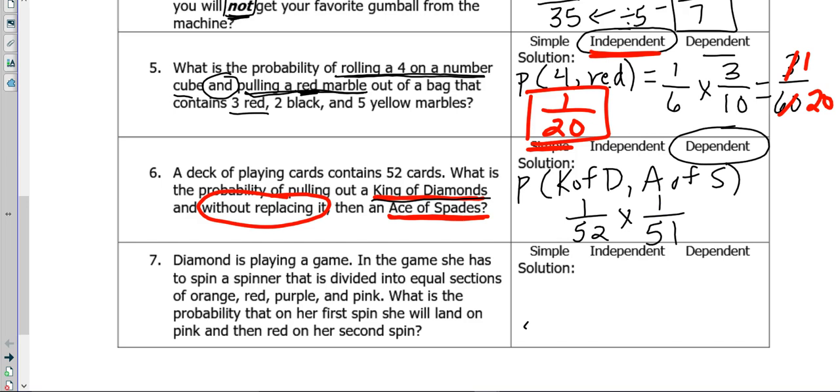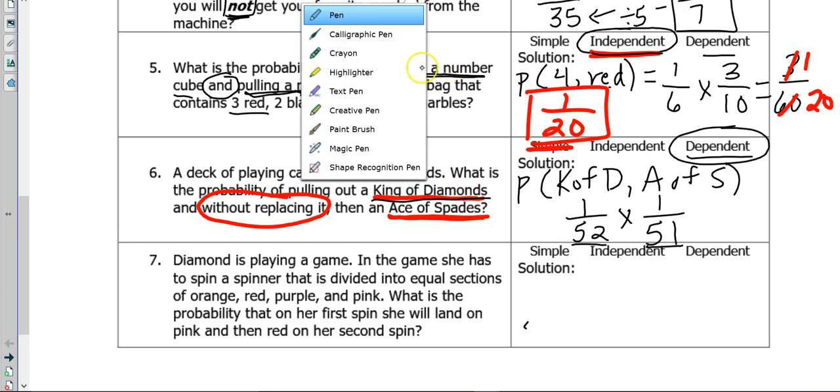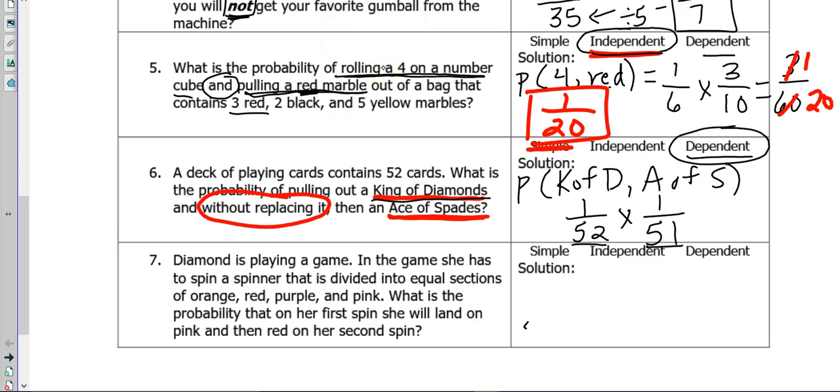That's the difference between independent, like we have in number 5, and dependent in number 6. We only have 1 card of each, but we change our denominator from 52 to 51 because this is a dependent event. When we select the king of diamonds, we leave it out. A key phrase here for determining whether it's an independent or dependent event would be "without replacing it."